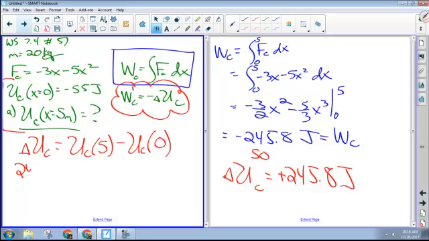You get 245.8 equals my potential energy when x is 5 minus negative 55, right? So this is really plus 55, so to solve it, you subtract 55 and you're done. Good or no?